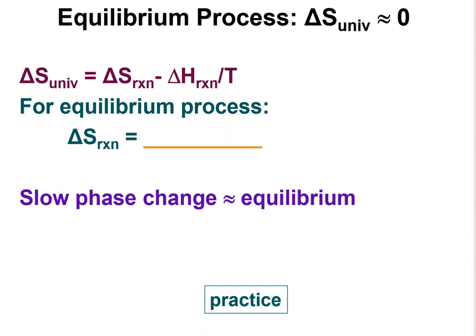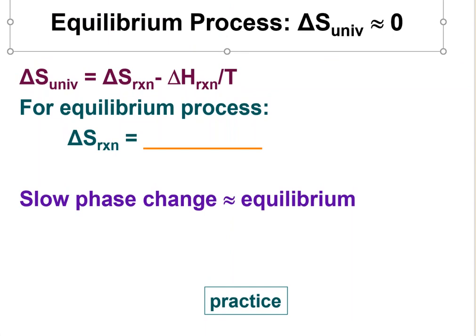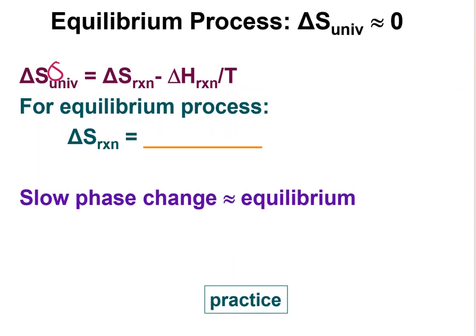So if that's true, we can plug in a 0 here and rearrange this, basically moving this to the other side, so that the change in entropy for the reaction equals this term, which, remember, came from the surroundings, the heating of the surroundings.